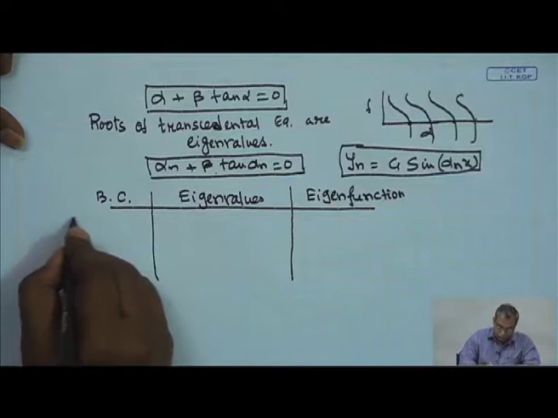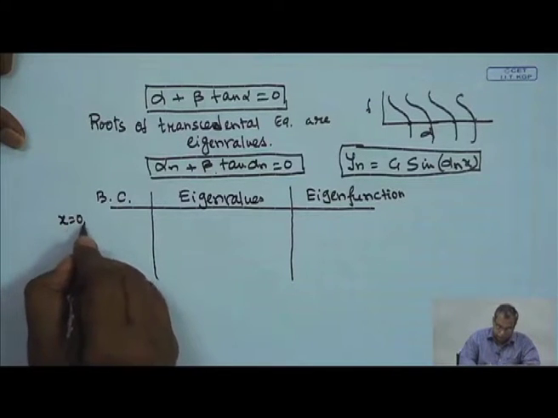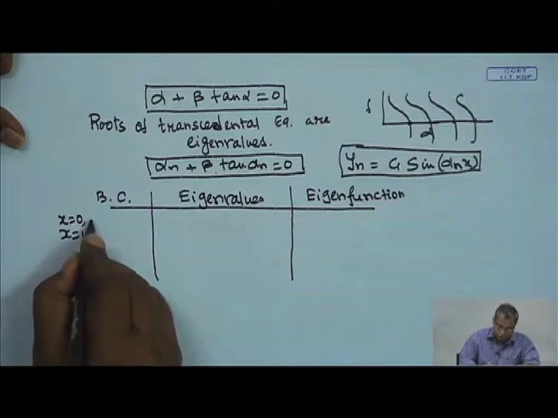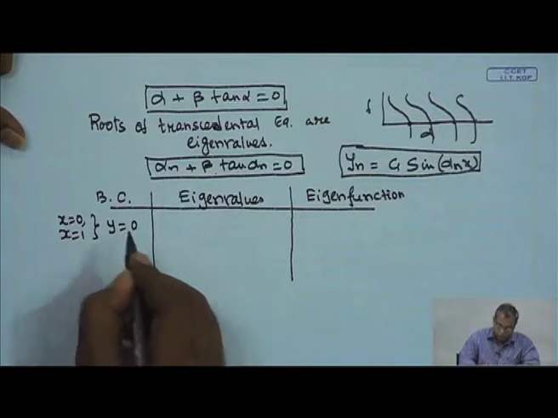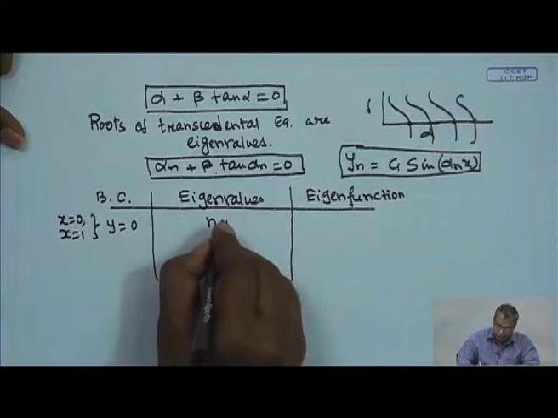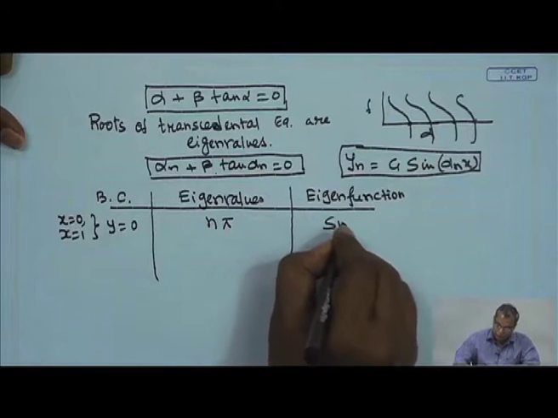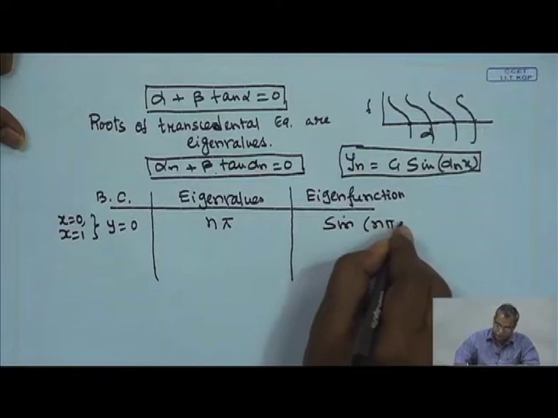If we have Dirichlet boundary condition at x equal to 0 and x equal to 1, we have y equal to 0, then eigenvalues are n pi and eigenfunctions are sin n pi x.